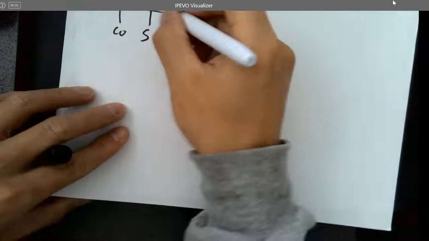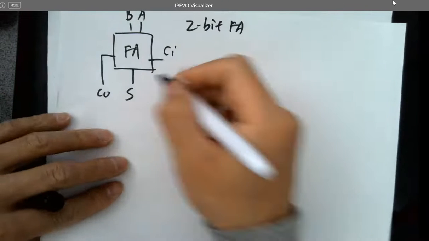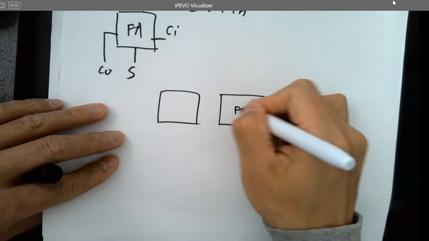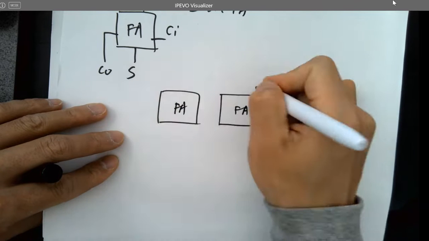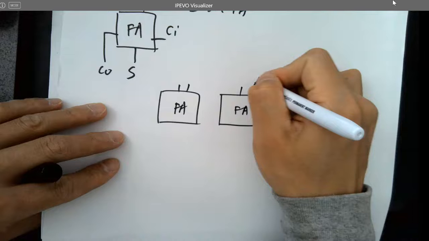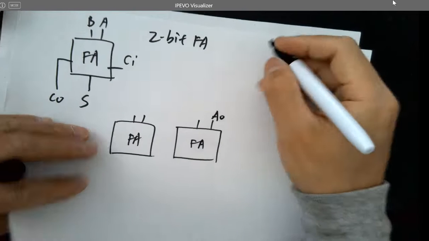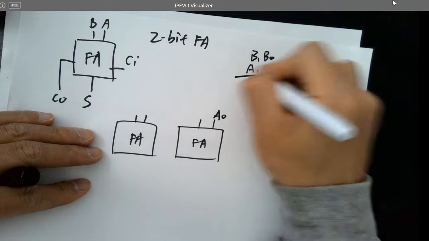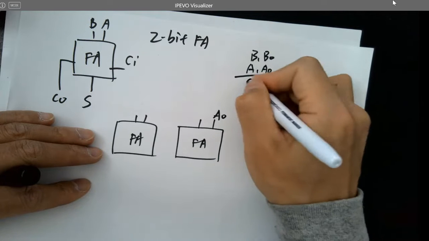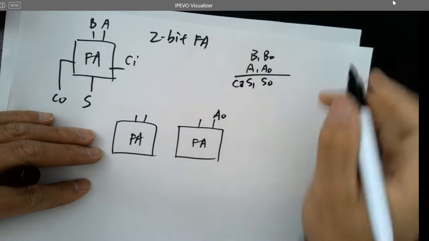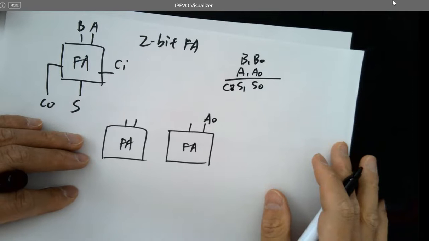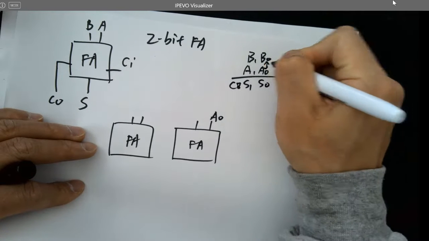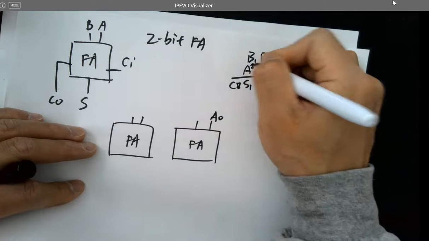You need two of these FAs. Here's A0. So it is literally adding up B1, B0 to A1, A0, and it's giving you S0, S1, C out. So it's adding A0 to B0 and adding A1 to B1.